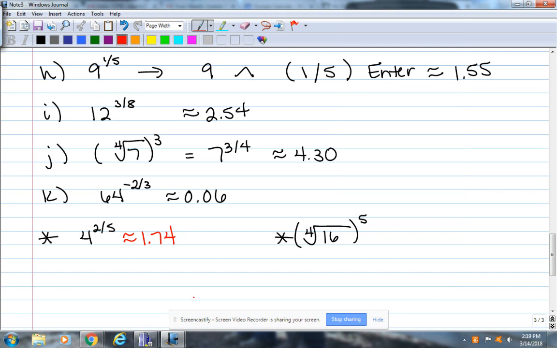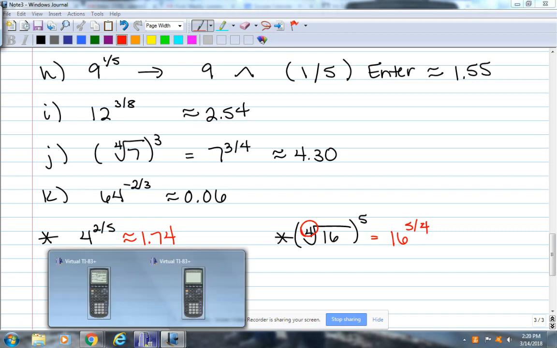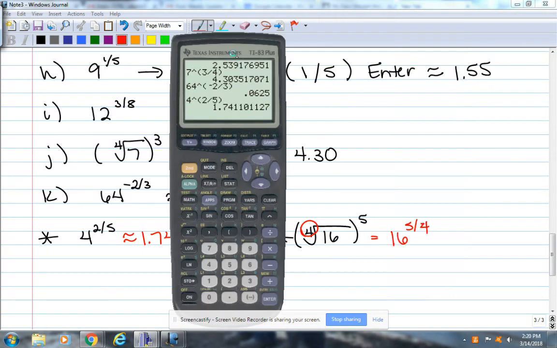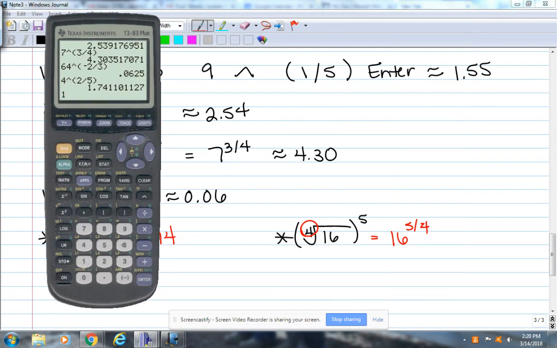Now, first thing I need to do on the second one is make it in rational exponents, which means the fraction. 16 to the 4/5 or 16 to the 5 over 4? Yeah. The denominator is the index. Okay? So y'all did that. 16 raised to the 5 over 4.